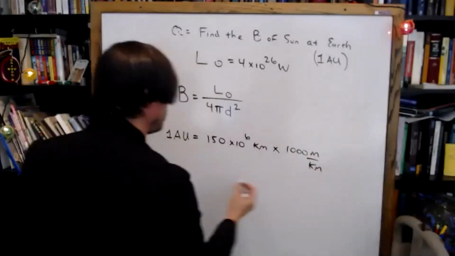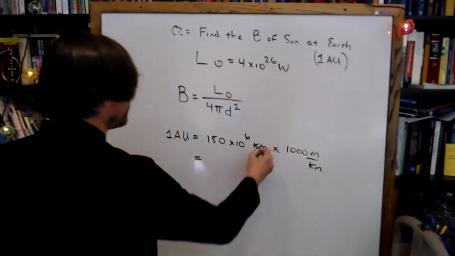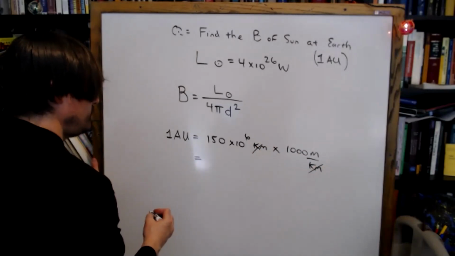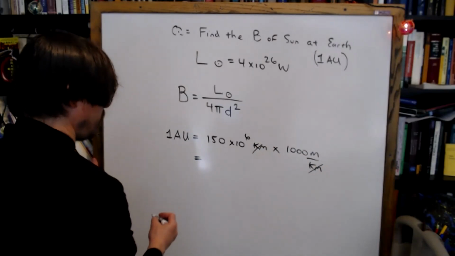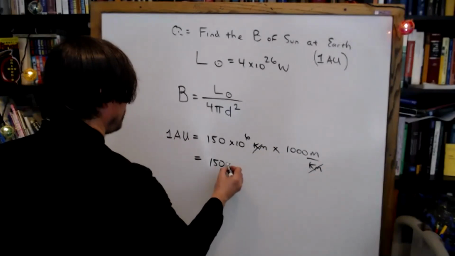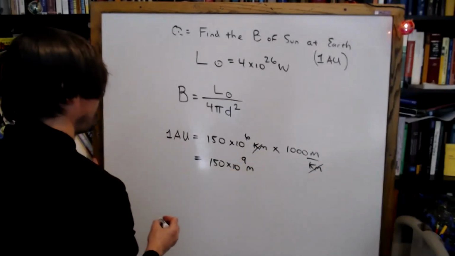So what does that give us? Well, 1.5 times 10 to the 11th, or 150 times 10 to the 9. 150 billion meters, okay?